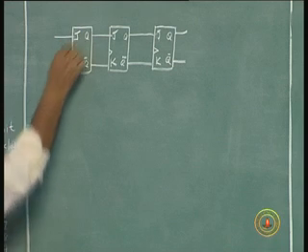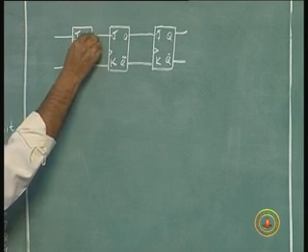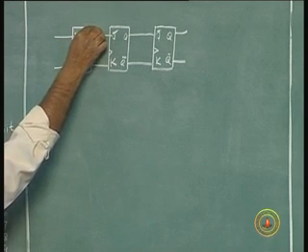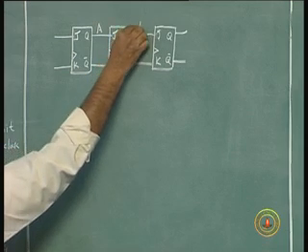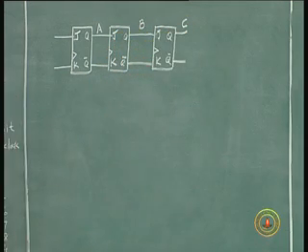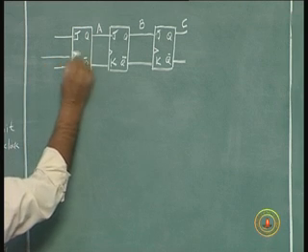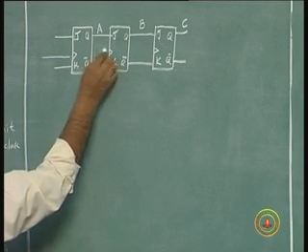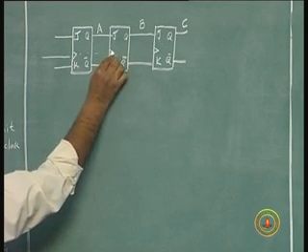So, I will call these flip flops A, B, C. They are clocked together. I will not show the clock separately because they are the same thing.